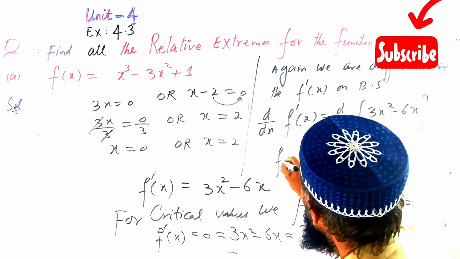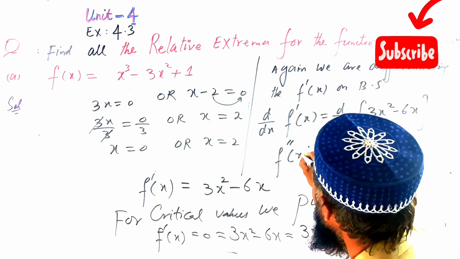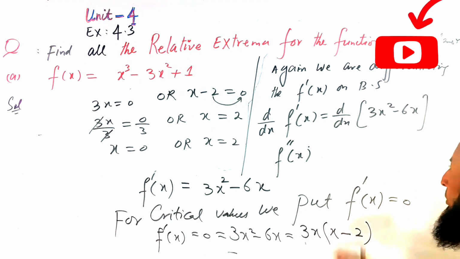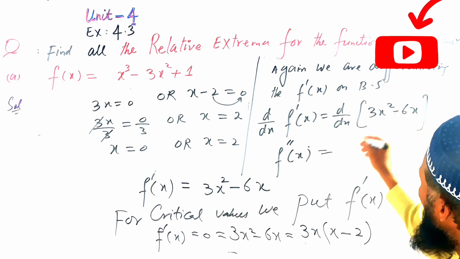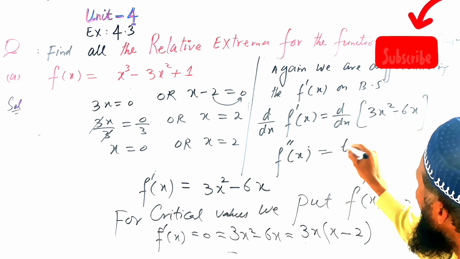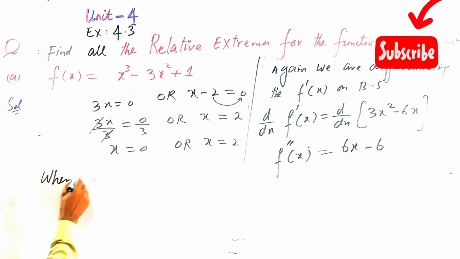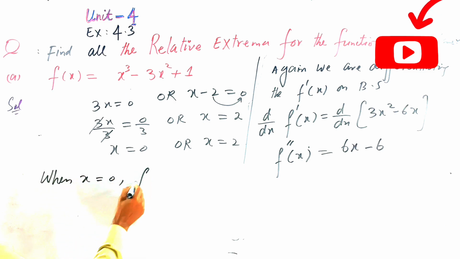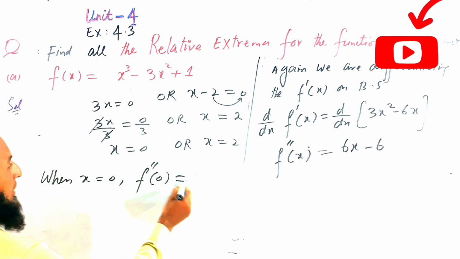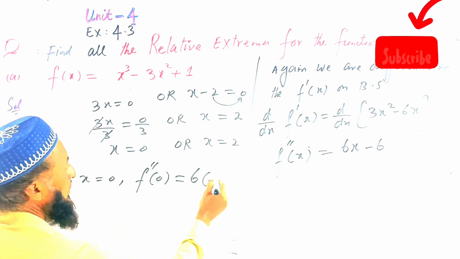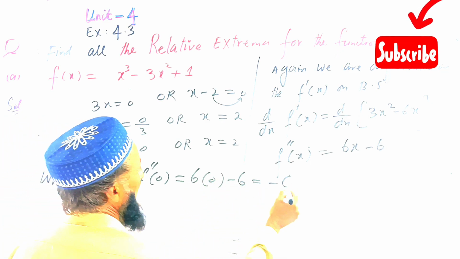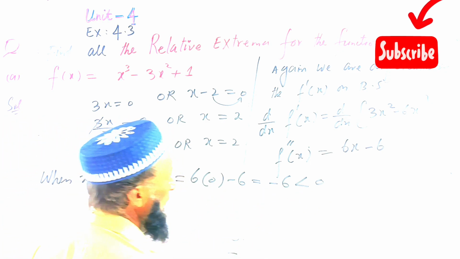Now the double derivative is equal to, using the power rule, 6x minus 6. When x is 0, f double dash is equal to 6 into 0 minus 6. So the result is minus 6, which is less than 0.